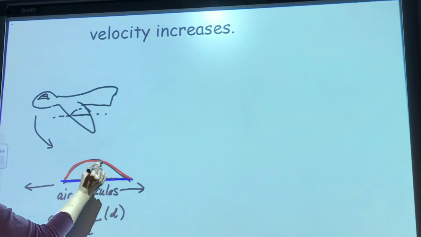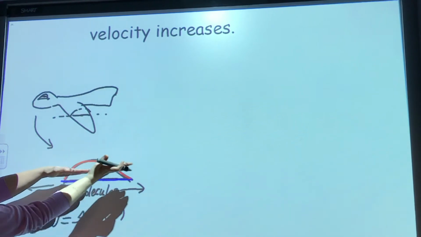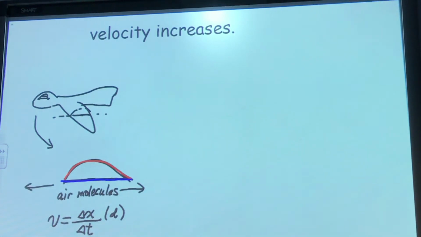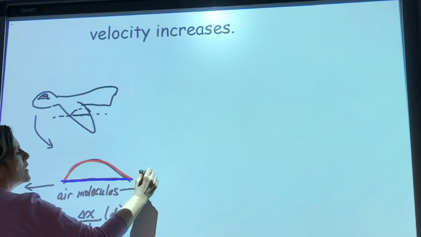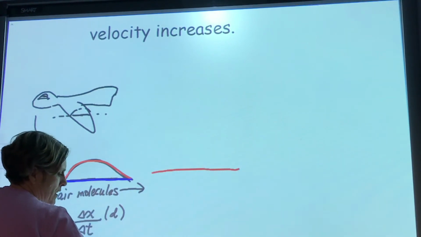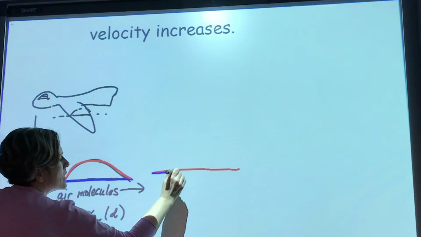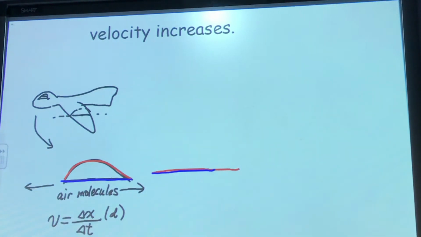If we were to take this length right here and flatten it out straight, how would it compare? If you answered that the top of the wing would be longer than the bottom of the wing, you answered correctly.